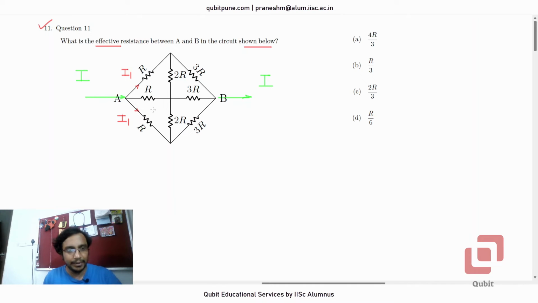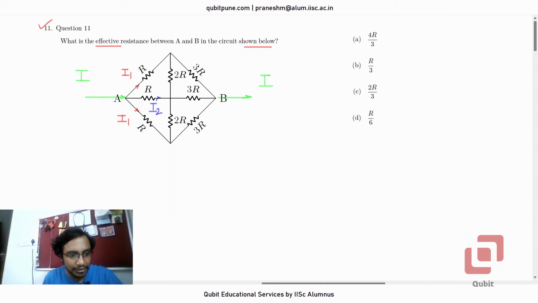Let us assume that the current that flows here is I2. Now consider the top junction. At this junction, we can assume that a branch of I1 goes in this direction.